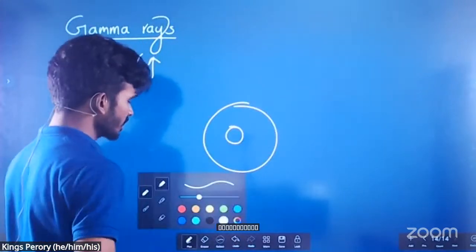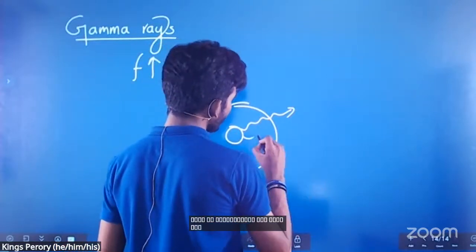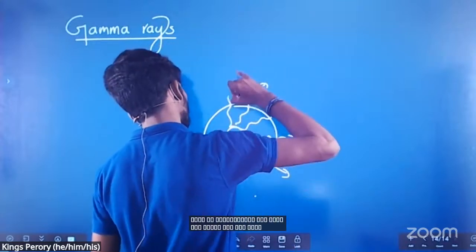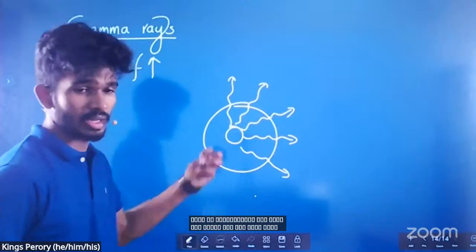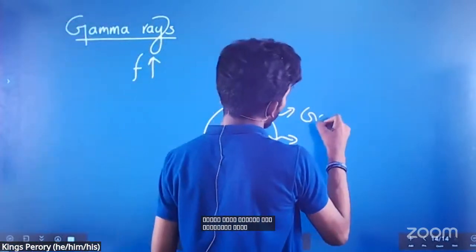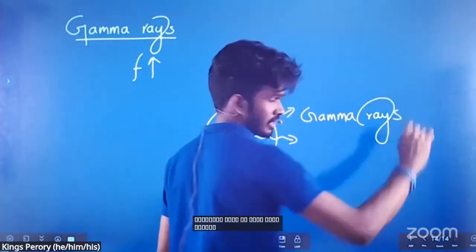As the nucleus is unstable, what will it do? It keeps on emitting energy. This energy is emitted as gamma rays.